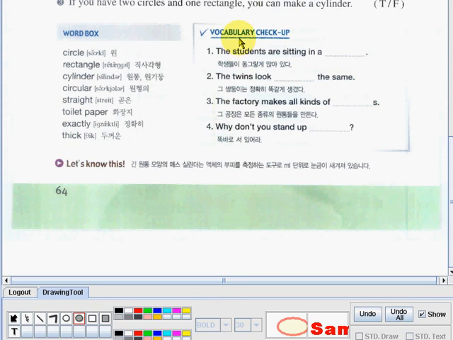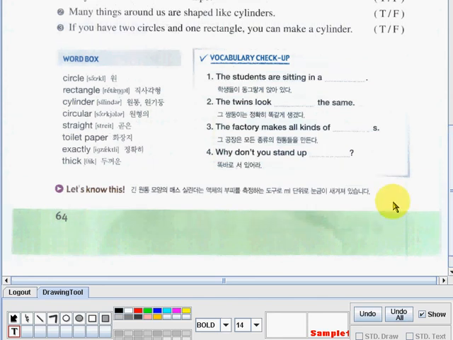Here in vocabulary checkup, all you have to do is complete the 4 sentences. Below each sentence is the Korean translation to help you find the correct answer. Number 1. The students are sitting in a blank. What's the missing word in number 1? Okay, in number 1, the missing word is circle.